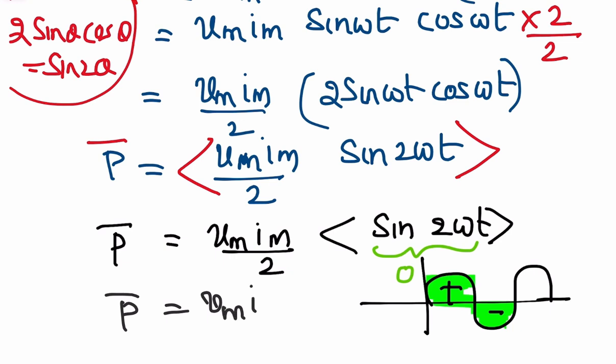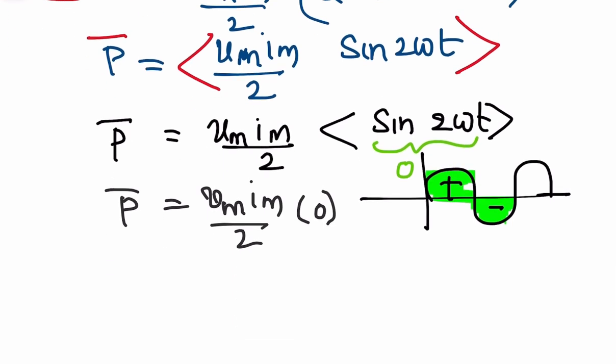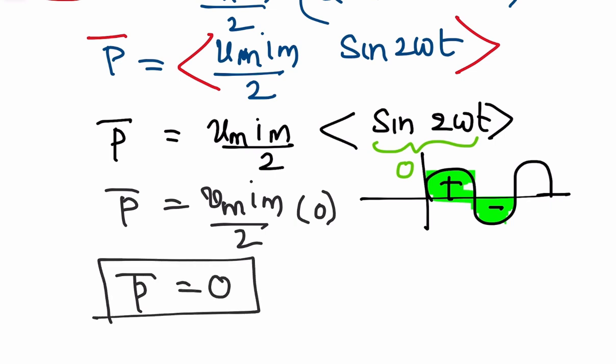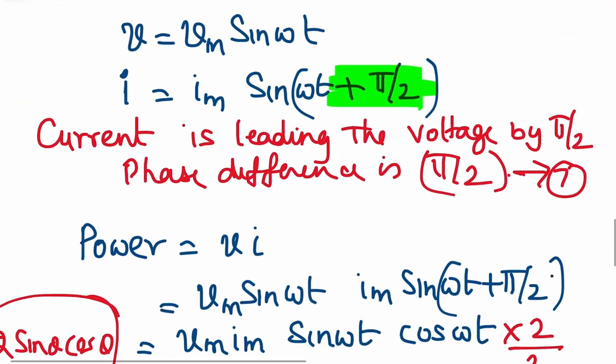Therefore P bar is equal to 0. So the power of the circuit is equal to 0. Let it be equation number 8, because already we have taken equation 7.